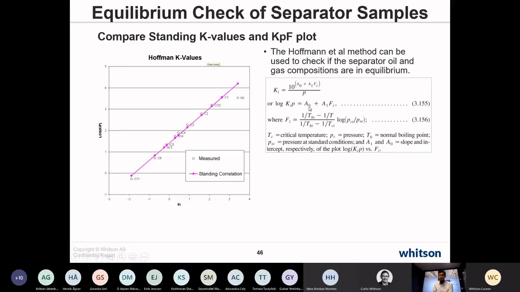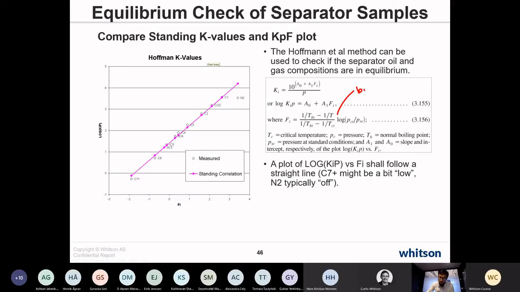And we have found that these slopes and intercepts at low pressures, like at separator conditions, are generally reasonable from the Standing correlation. So that's why we use the Standing correlation as an indication of what slope and intercept you should expect for any measured data. And Fi, like yesterday we calculated Fi from this.